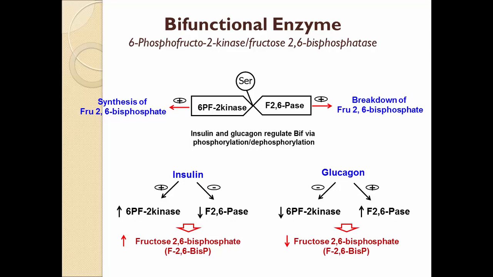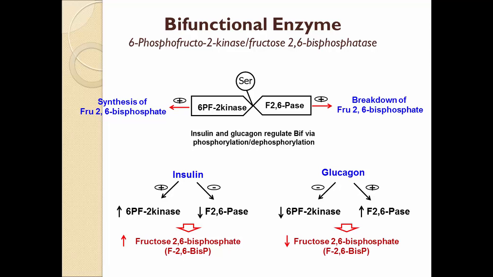Okay, so now here I just wanted to connect insulin to the bifunctional enzyme and the substrate generation. Again, the bifunctional enzyme has two different enzymes, and this one catalyzes synthesis of the substrate, and this phosphatase catalyzes breakdown of the substrate, right? And insulin basically regulates the bifunctional enzyme. For example, what insulin does is to increase phosphofructose-2 kinase activity but decrease fructose-2,6-bisphosphatase, right?